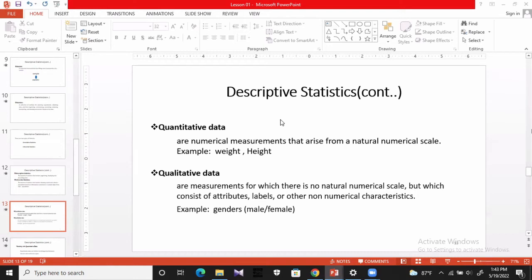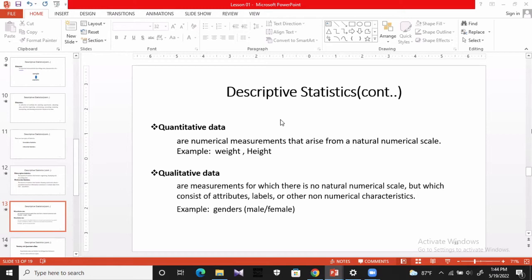It always has numerical values, right? For example, height, weight, number of children in a family, or number of chairs in the classroom. Such a type of data is called quantitative data.